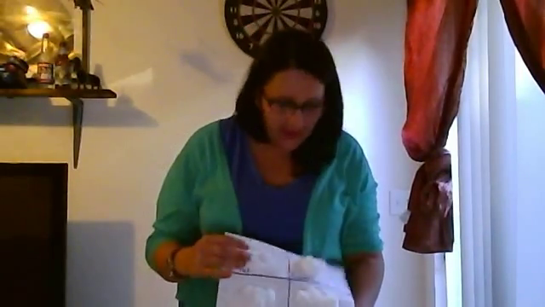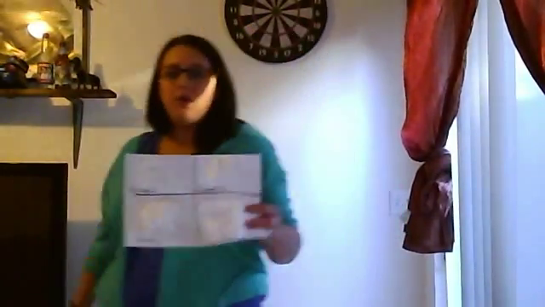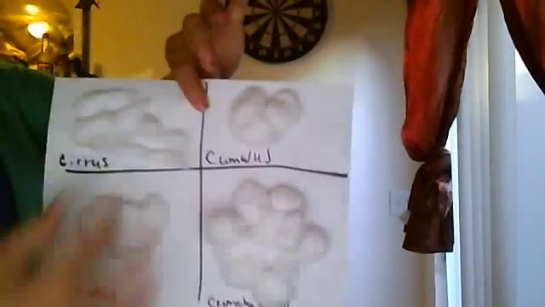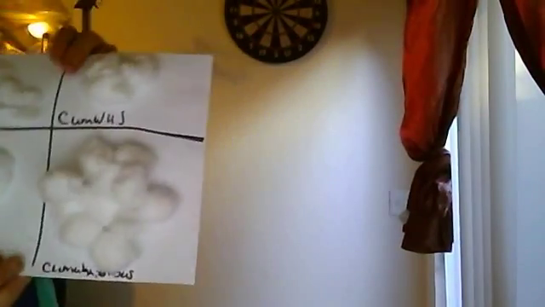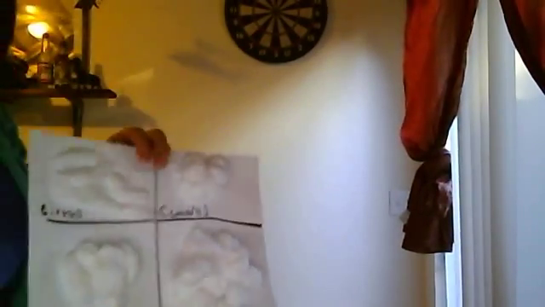I unfortunately only have white at home, so sorry if it blends in a little bit, but you can see that the clouds all have different shapes, different sizes, and this is how these students will be able to visualize this.